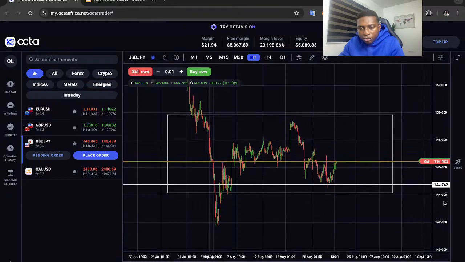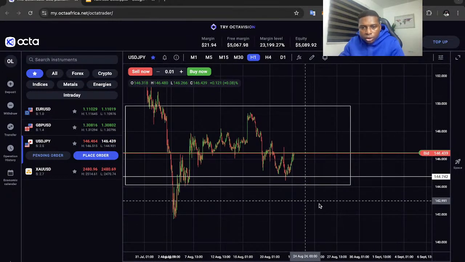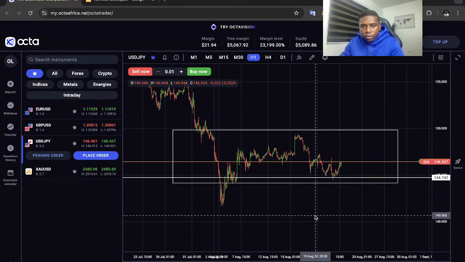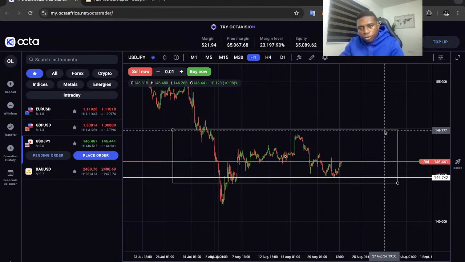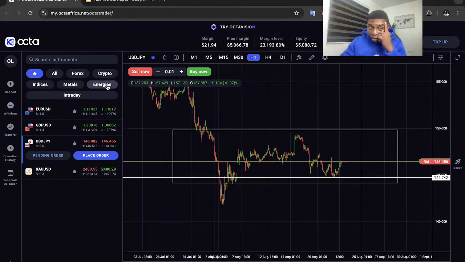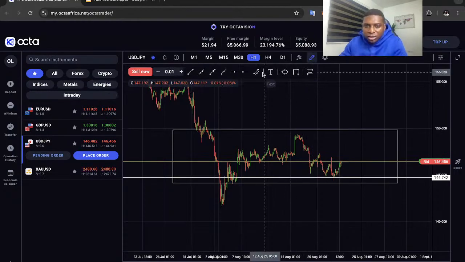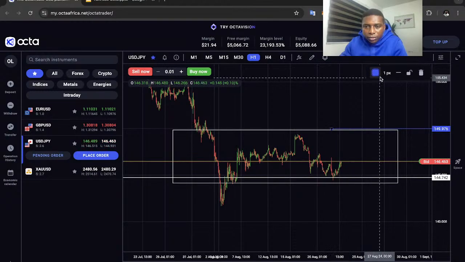So we go down to the lower time frame. Now this is what we see, and then what do we expect from price here? So we are pushing back up. So then we set our take profit level here. Now this is for intraday traders, right? So you can set your take profit level here.